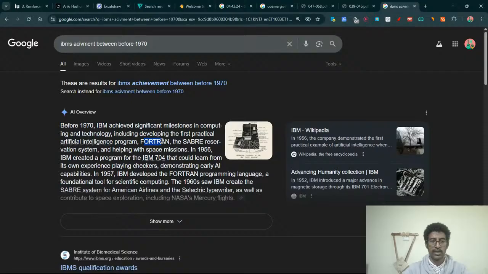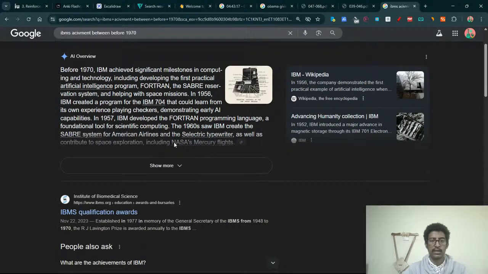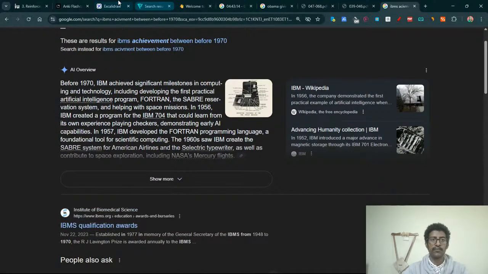They got Fortran, IBM's Fortran programming language, and airline systems. So they got all of this. So it was a hope.